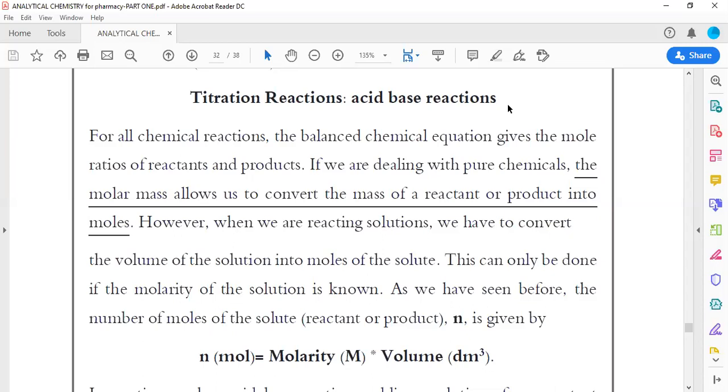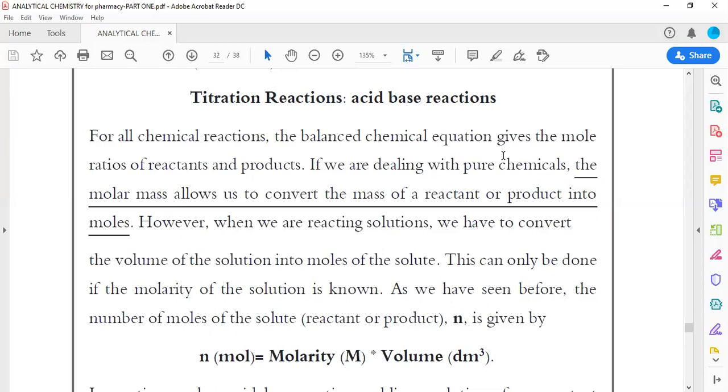So what we mean by titration reactions, for example, acid-base reactions, I believe you know what's the meaning of acid, and suppose you know what's the meaning of base. In general, let us say acids are chemicals giving hydrogen ion in the solution, and bases giving hydroxide ion in the solution.